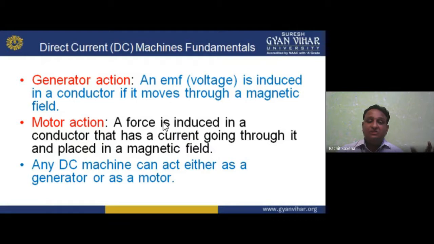Means torque, speed, rotation, revolution are converted into voltage, power, current, energy. And the motor takes input power, voltage, energy, current, and converts it into torque, speed, rotation, revolution. So any DC machine can act either as a motor or generator.